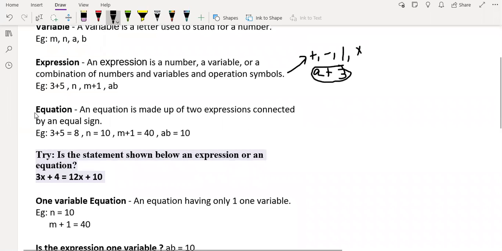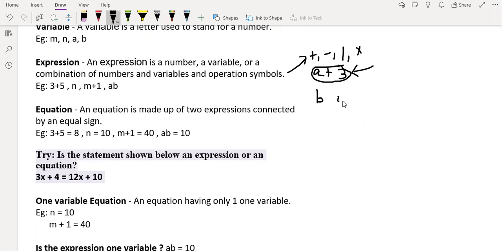What is the next one? Equation. So what is an equation? So this equation is made up of two expressions connected by an equal sign. So we came to know that this is one expression. So let us write one more expression. What is expression? It is nothing but a variable and a number.